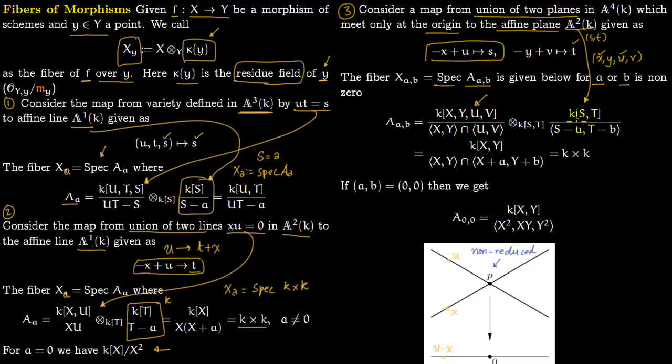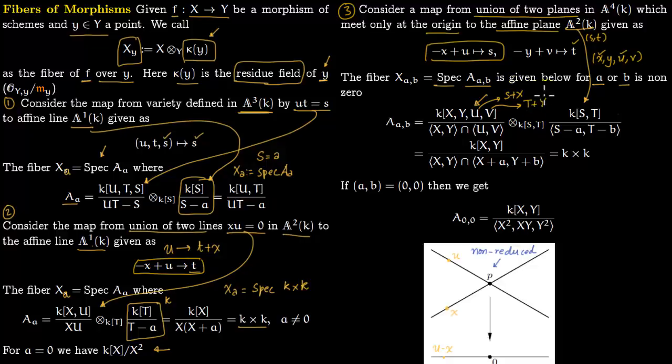If you just plug in a for s and b for t, what you're just going to get is k, because all the polynomials you are essentially evaluating at the point a comma b. A for s, and for t you plug in b. So again, once you take the tensor product of it, we have to replace u. So you're going to replace this u with s plus x, and this v with this t plus y.